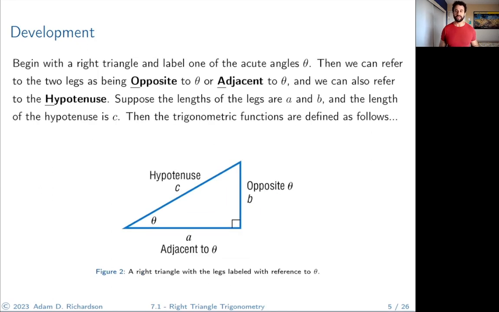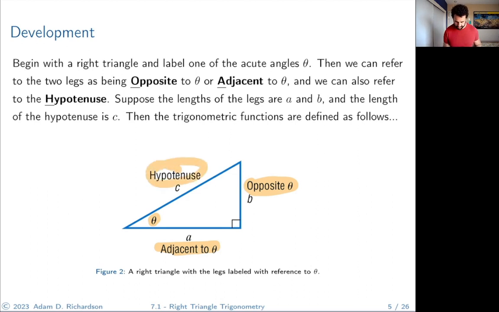So here's how we're going to do this. Start with a right triangle, and we're going to label one of the acute angles theta, right here. Then we can refer to the legs of the right triangle as being opposite theta or adjacent to theta. And then we can also refer to the hypotenuse right there.